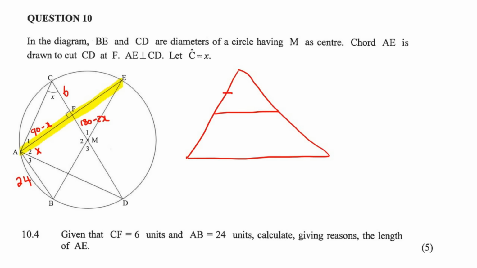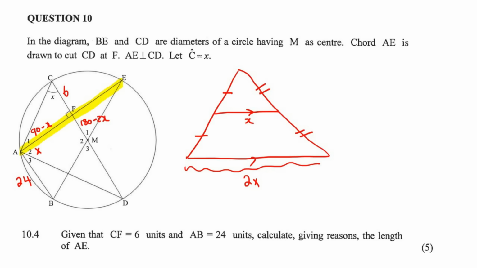If this length is exactly the same as that length, and this length is exactly the same as this length, then the midpoint theorem from grade 10 told us that these two lines are automatically parallel, and this length will be double this one over here.